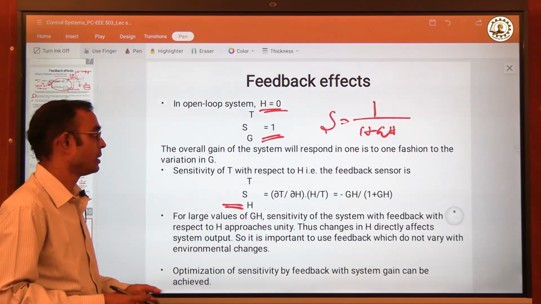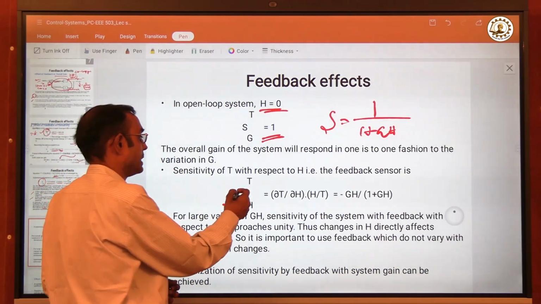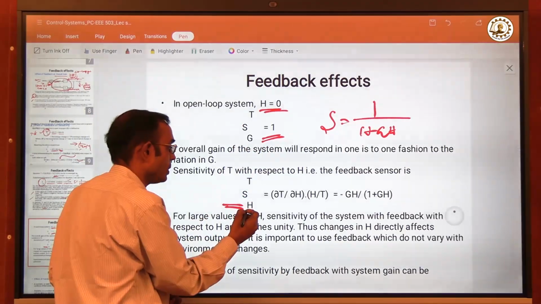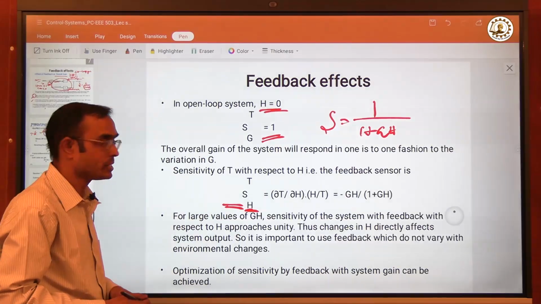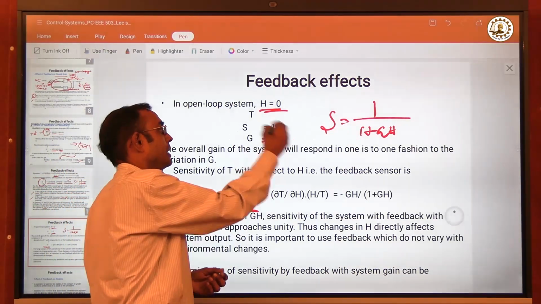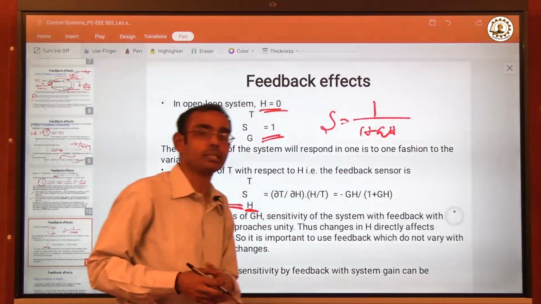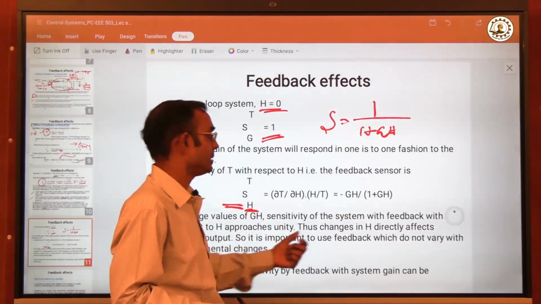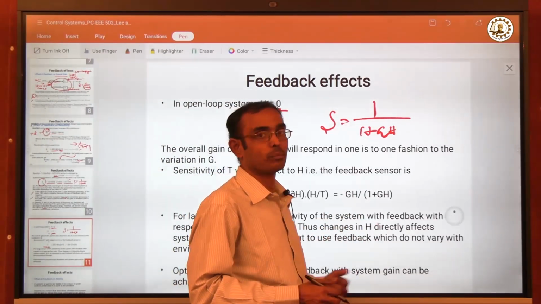Next, the sensitivity of t with respect to h, the feedback sensor. Previously it was with respect to g. If we derive it with respect to h in the same way as we calculated S equal to 1 by 1 plus gh, we get S of t with respect to h as minus gh divided by 1 plus gh.